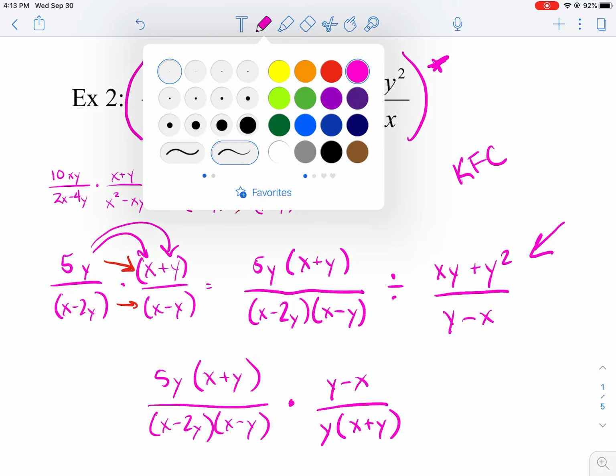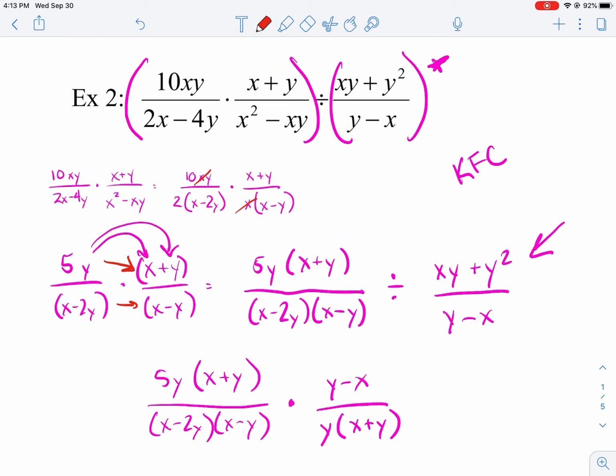And now I'm ready to do some cancellations. Everything's all factored. I'm just multiplying, and so now I can just cancel some things. x plus y there. These right here will cancel, right? This is our y minus x over x minus y, which is just equal to negative 1.